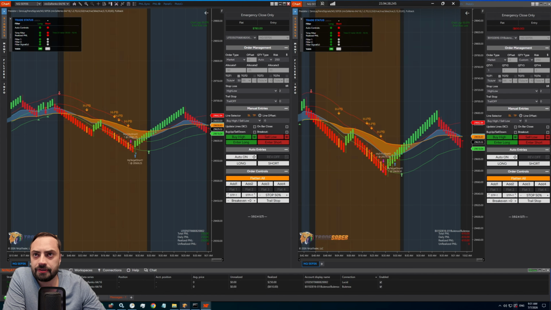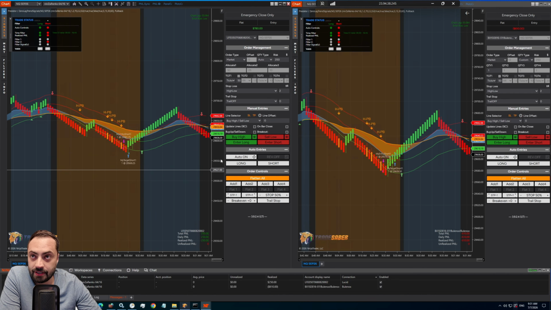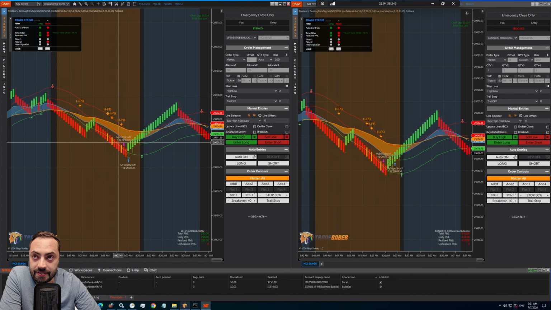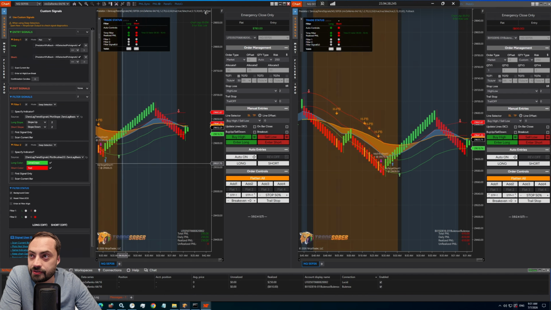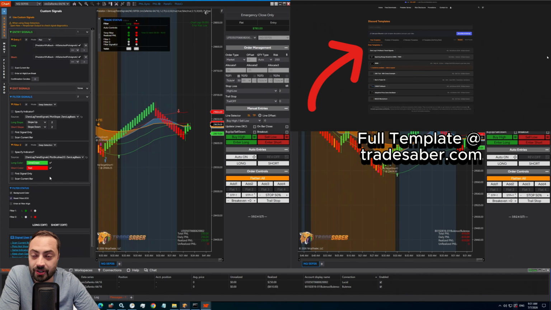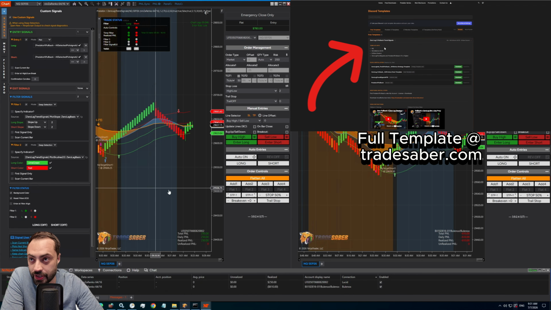So just as a quick little recap here, what I'm looking for is this middle line. If it's green and sloping up, that gives us a long filter. So let me expand my signals here. If it's sloping up and it's green, that's what this blue background represents. It means both filters are in alignment to the long side and we're actively looking for long trades.